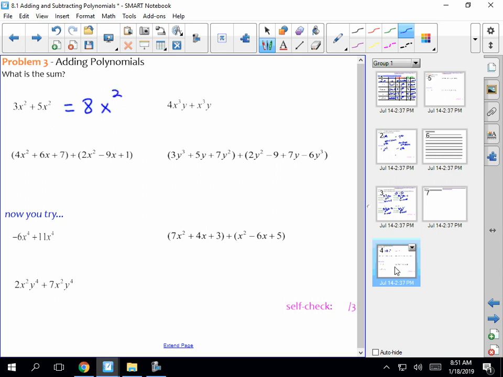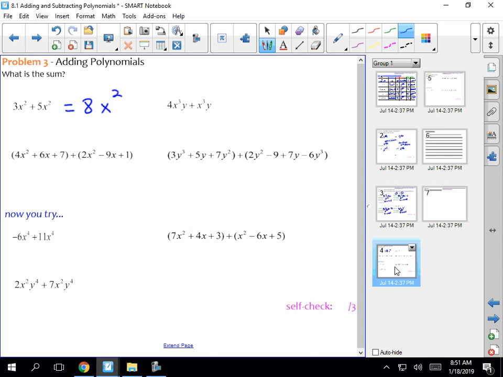Some students want to write that as x to the 4th. We do not add the powers on the variables, because we're not multiplying them, as our rules of exponents say from last chapter. We are adding two like terms. So it's just like adding 3 and 5 and then attaching whatever the label is. You're adding two similar things and telling how many total x squareds we have.